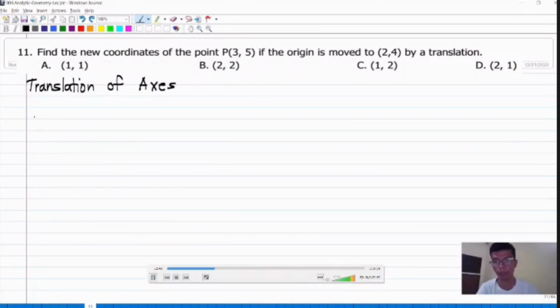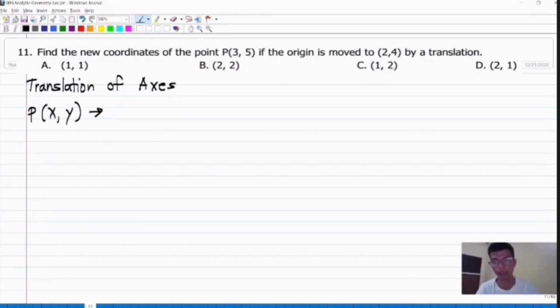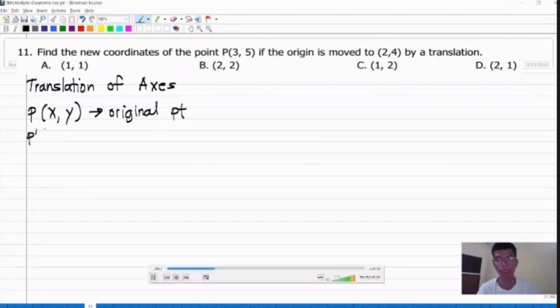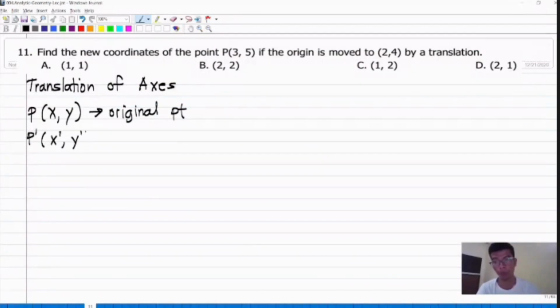We have points here. The point (x, y) is the original point. When our axes translate, we will have P prime, where our former point (x, y) becomes (x prime, y prime). Let us denote this as the translated point.